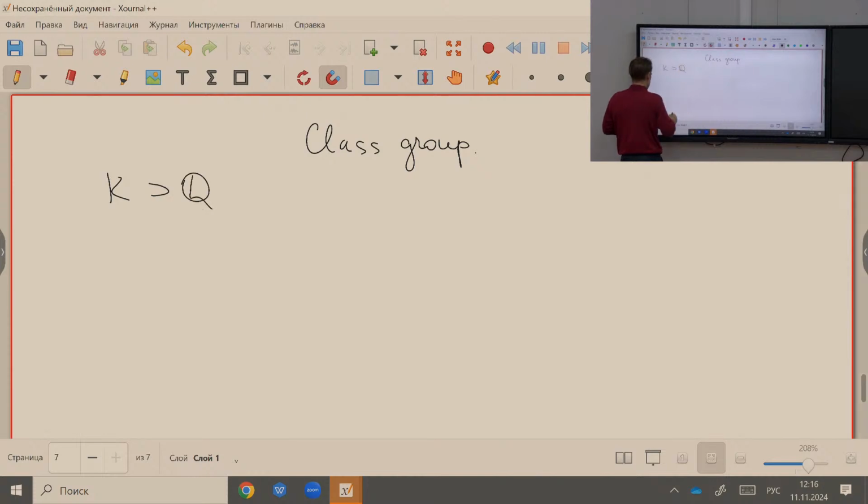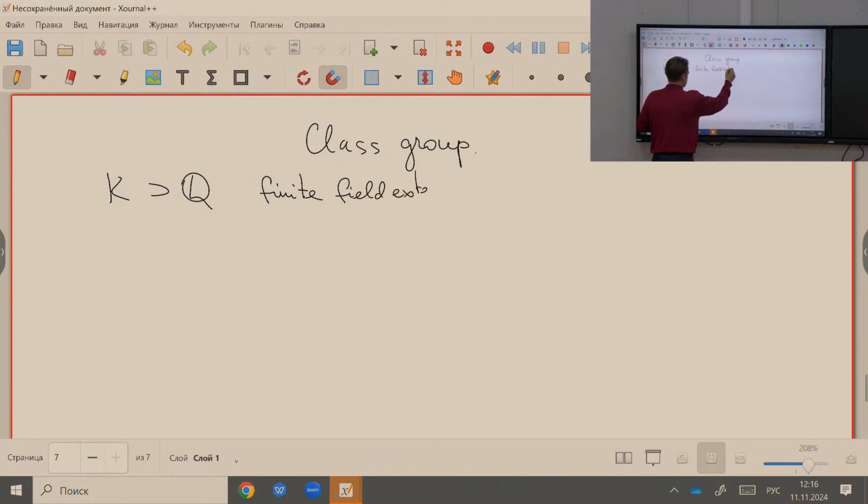So then, when you have a finite field extension, here it is important. So far it wasn't so important that we worked over Z. But here it will be important that we work over algebraic integers.